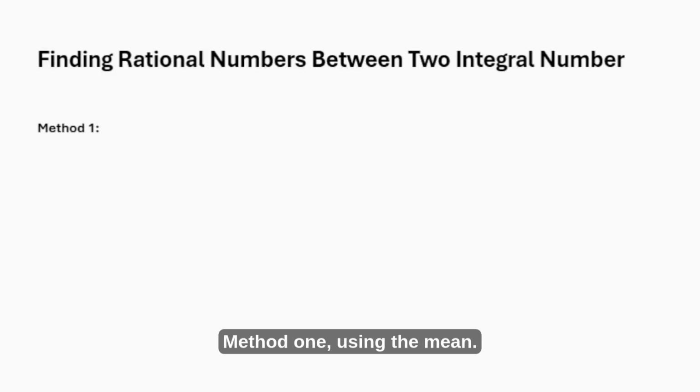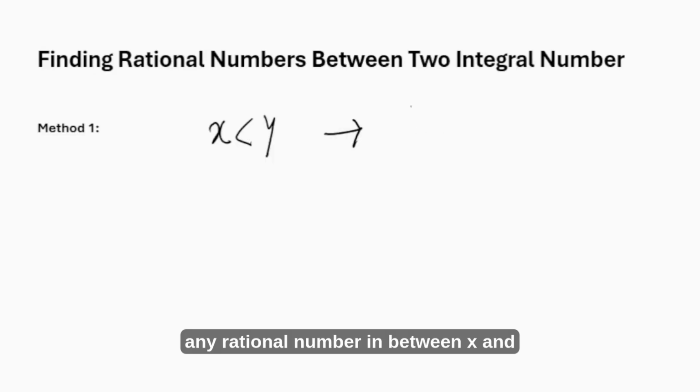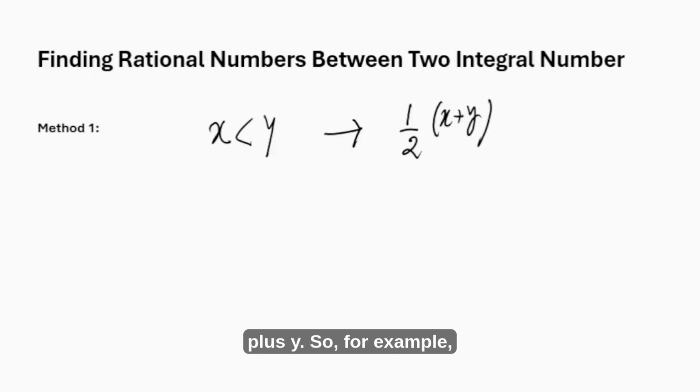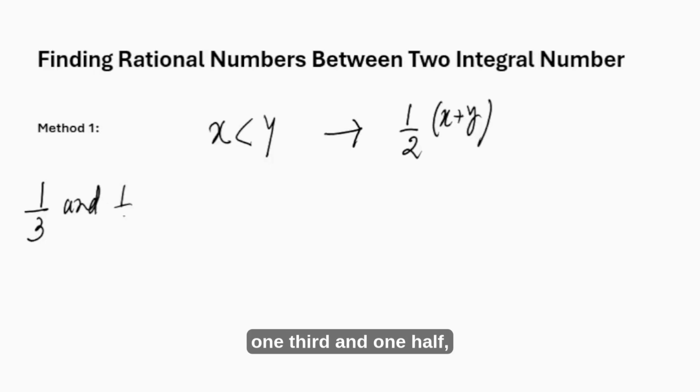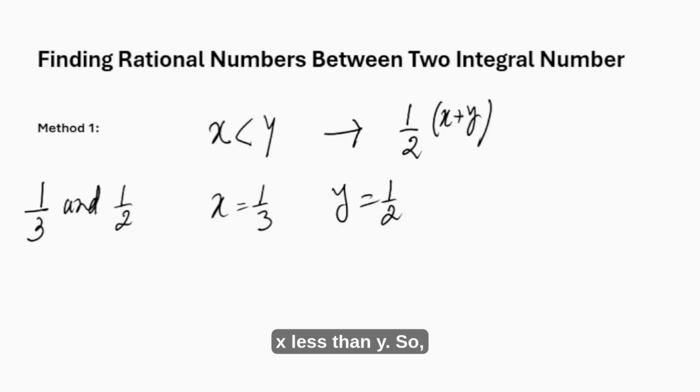Method 1, using the mean. Suppose we are required to find one rational number between two rational numbers, x and y, such that x is less than y. Any rational number in between x and y can be found using half of x plus y. For example, if I need to find the rational number in between 1/3 and 1/2, I simply take x as 1/3 and y as 1/2, x less than y.